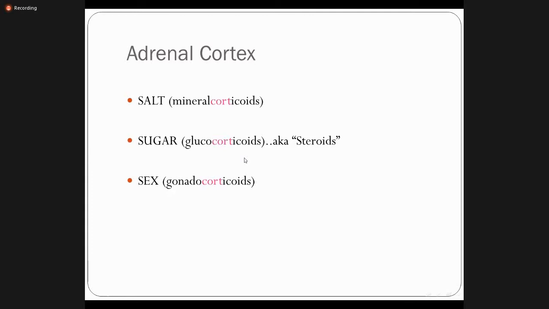One secretion controls salt and water, another controls sugar activity, and the third controls the sex secretions or sexual activity, right? So today we are going to focus more specifically on glucocorticoids, right?